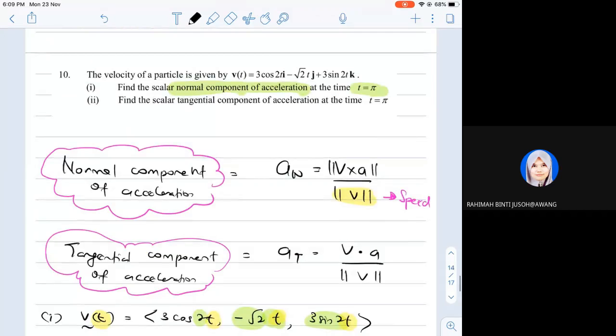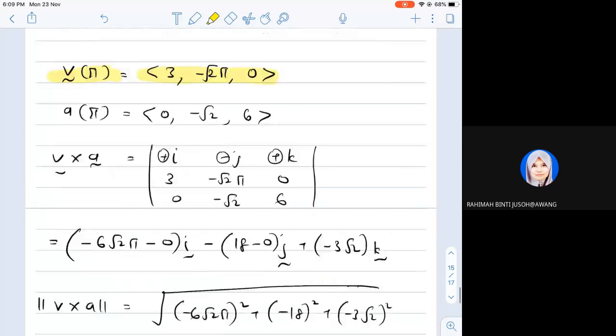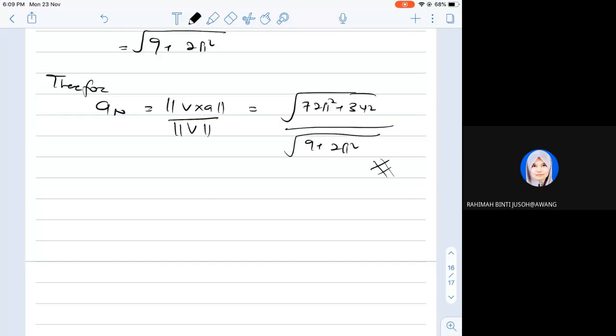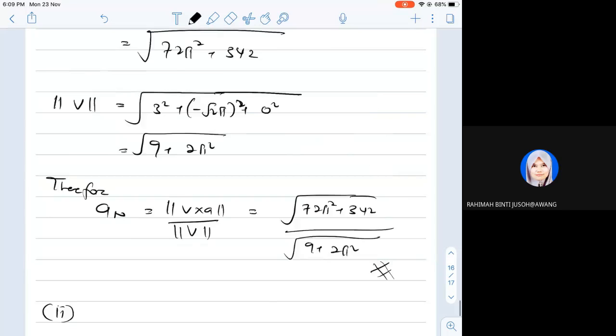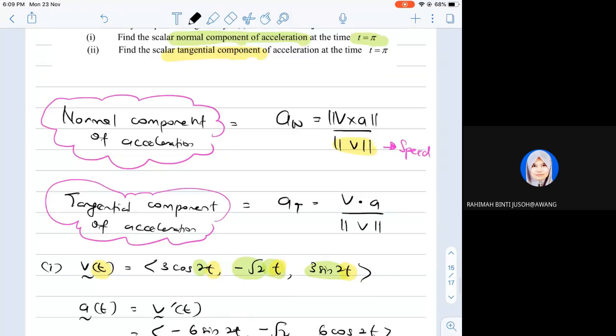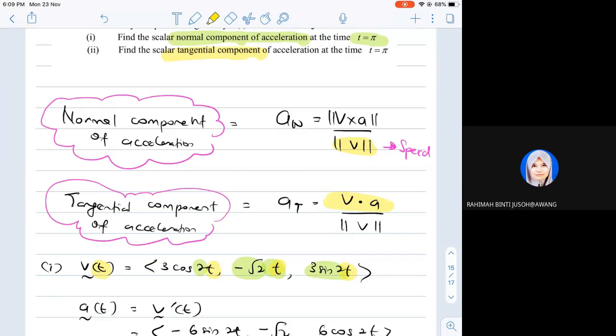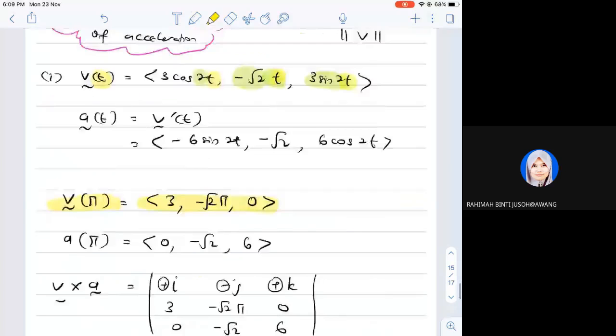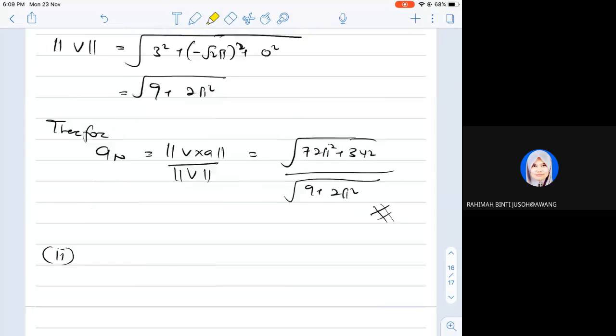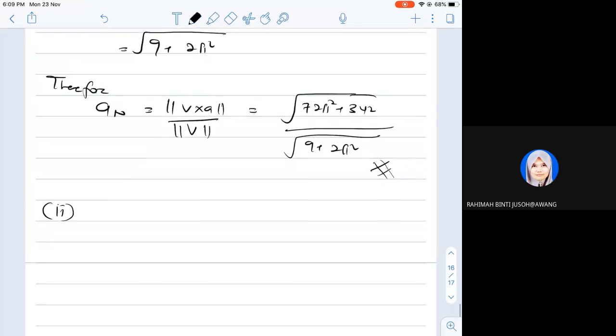Okay, second question, the last question. Number 2, the tangential component. This is the formula of the tangential component. We have V dot A, so it should be easier compared to the cross product. So what was our V just now?